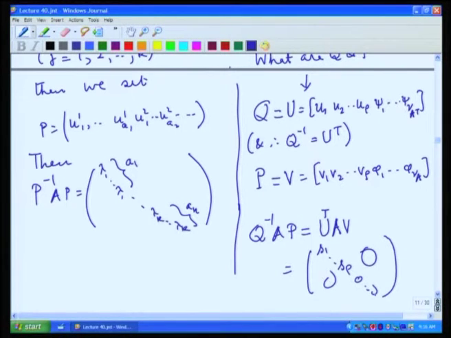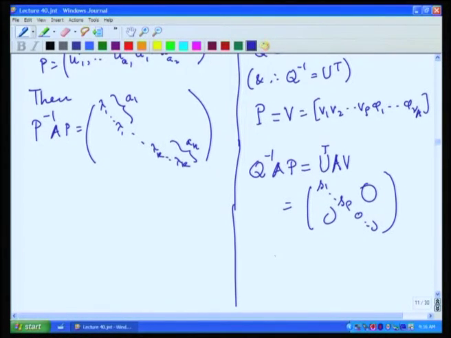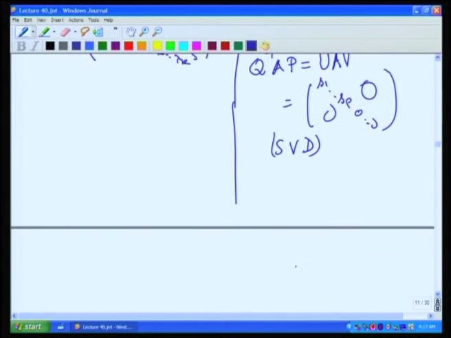This was the singular value decomposition. This was the SVD.